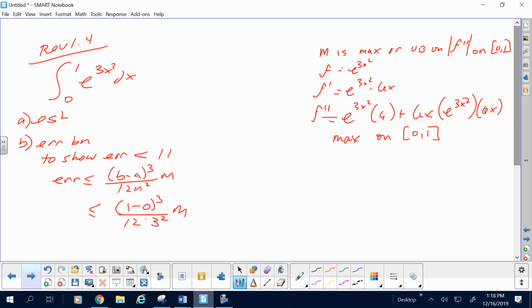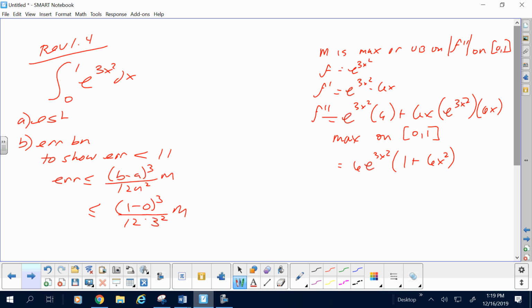Do you want to clean it up or just look at it the way it is? Okay, you could clean it up. You could take out front a 6 and an e to the 3x squared, leaving you with 1 plus 6x squared, yeah? The key is to say, well, what happens on 0 to 1? Is it constantly growing, constantly shrinking, or maybe there's a max inside?